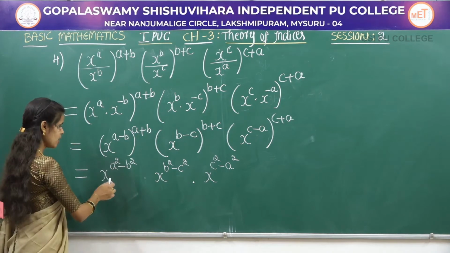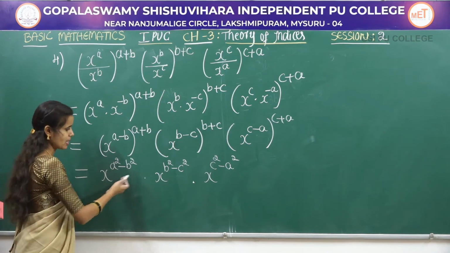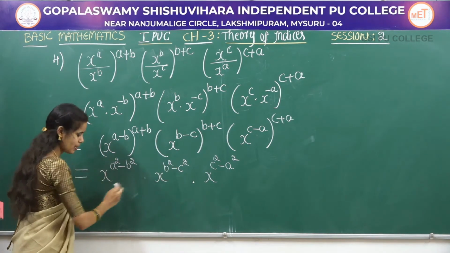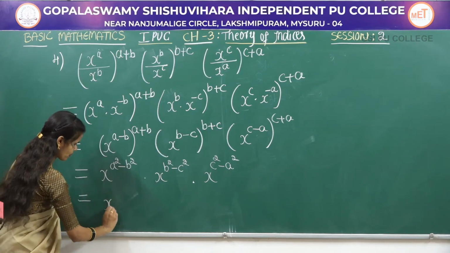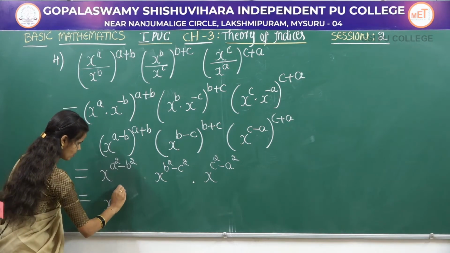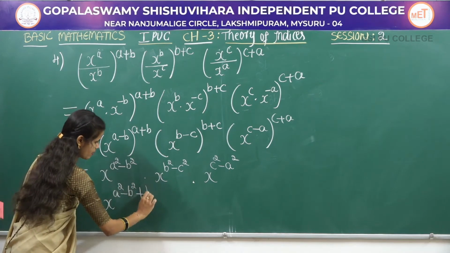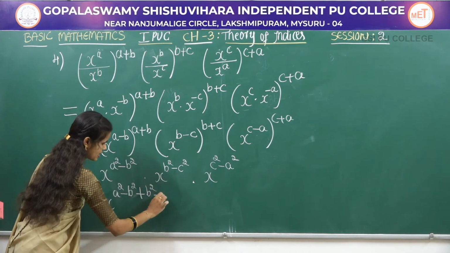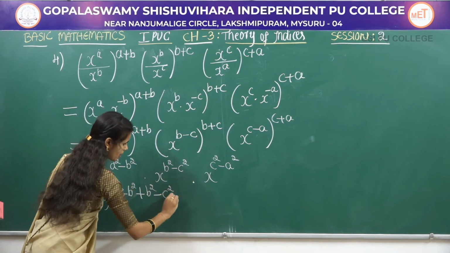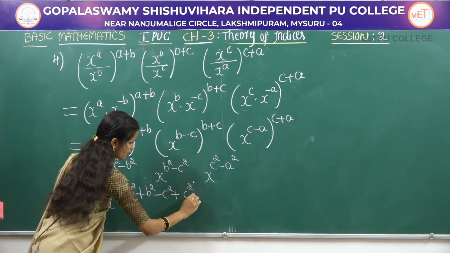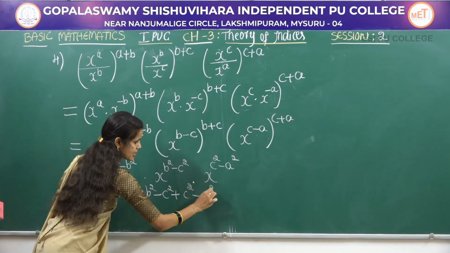Now apply the first law of exponents, that is, base is same, so add the powers. Add the powers: a square minus b square plus b square minus c square plus c square minus a square.